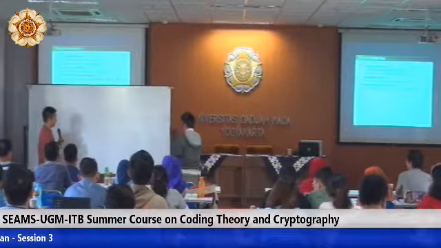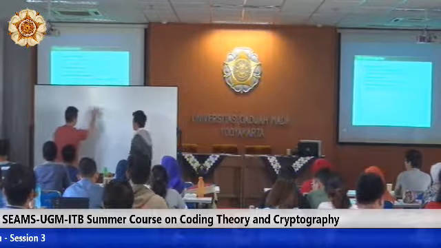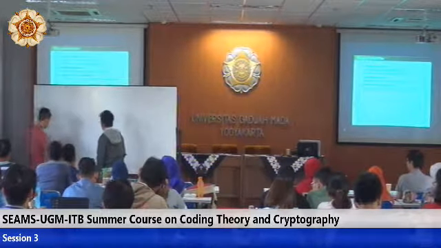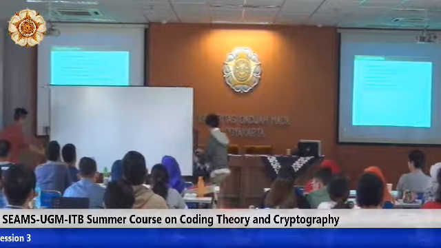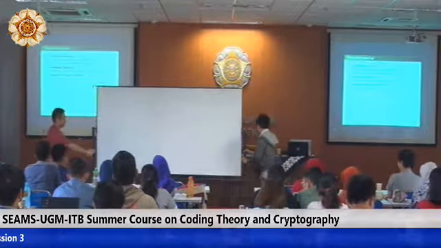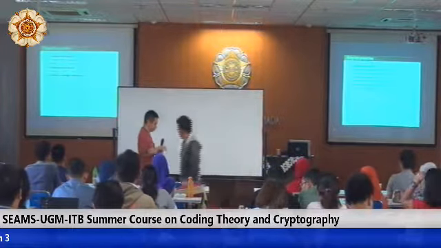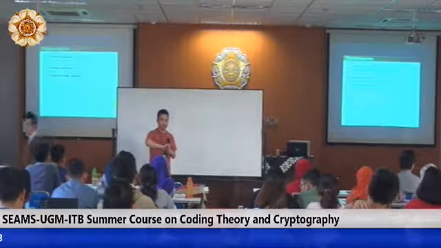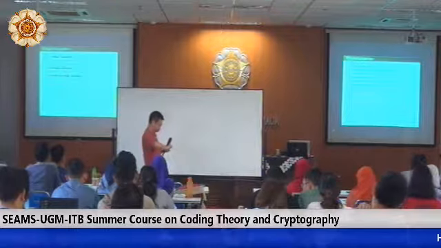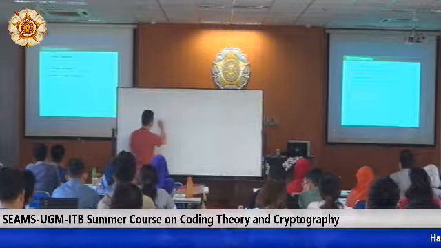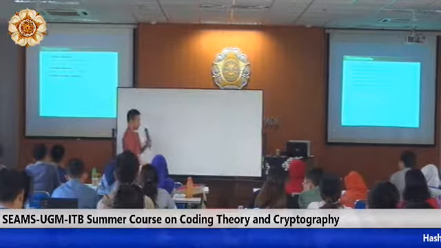So let's say you have a space of n bits, which means inside the space you have 2 to the n possibilities.